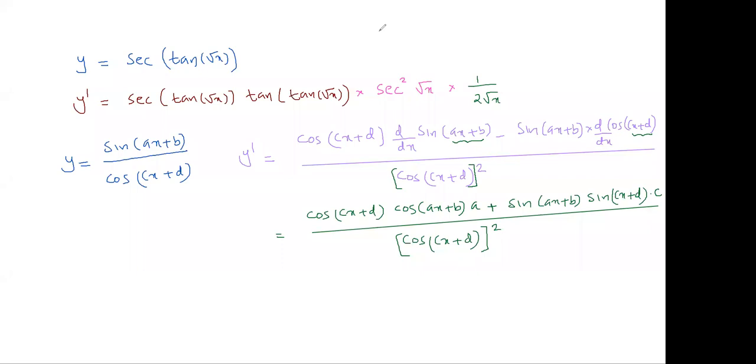Like first टाइम को डिवाइड करेंगे तो cos cx plus d cancel हो जाएगा, बाकी a is there, cos ax plus b is there, 1 cos cx plus d डिनोमिनेटर में है, 1 by cos is sec, so sec cx plus d लिख सकते हैं, plus c is there, sin ax plus b is there, sin cx plus d is there, and 1 by cos cx plus d the whole square हो जाएगा, 1 by cos is sec, so it is sec square cx plus d, means दोनों टर्म को cos cx plus d the whole square से डिवाइड करके लिखा है. Clear?